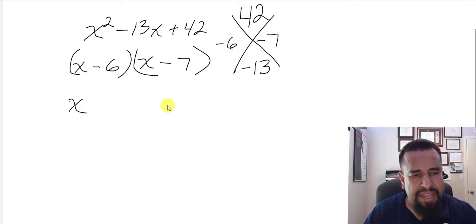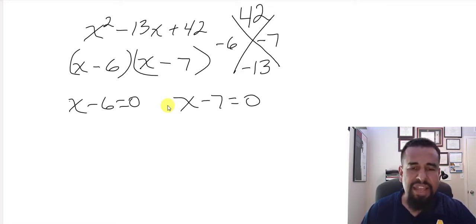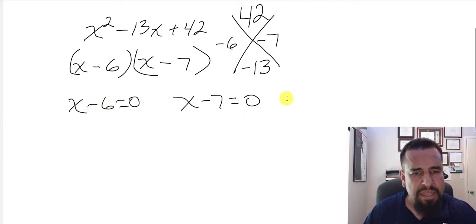I'm going to get the x minus 6, and I'm going to set that equal to 0. I do the same with the other one, which is x minus 7, and I'm going to set that equal to 0. Then you just solve by adding 6 to both sides, adding 7 to both sides here, right? Two different ones.